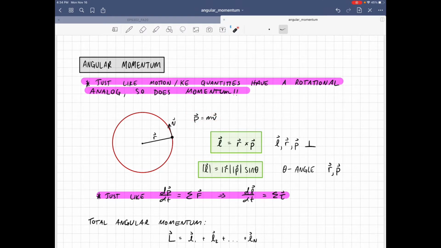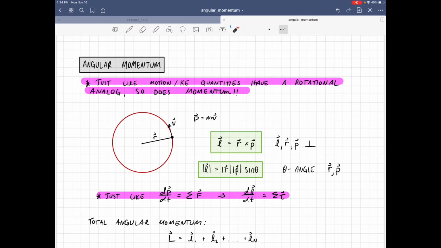Just multiply by the mass of the object and you get the momentum. And so we can define the angular momentum as this vector quantity, which is the cross product between r and the momentum vector, which again is m times v. So it's really r cross v. And so that is the angular momentum.